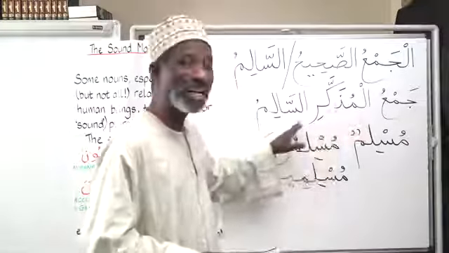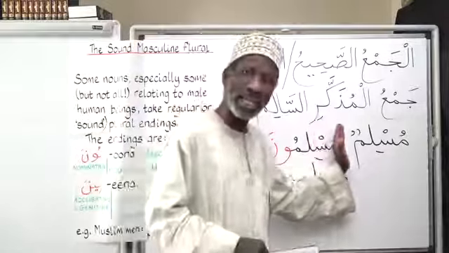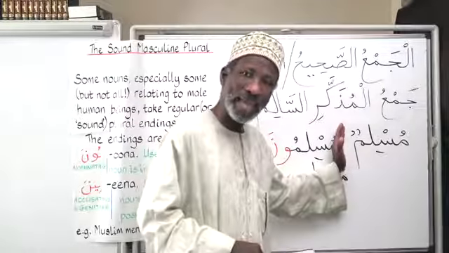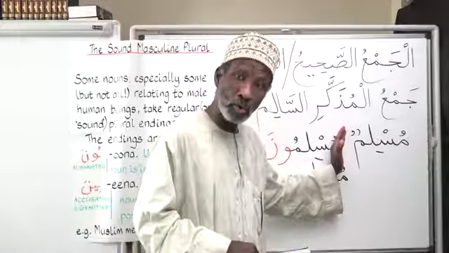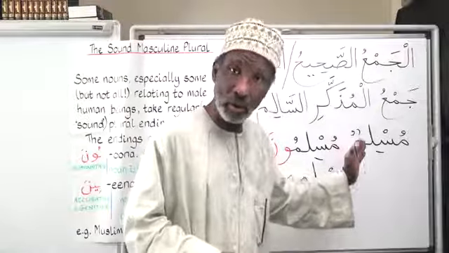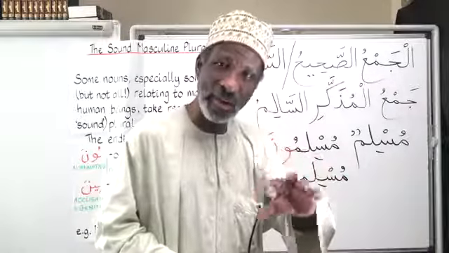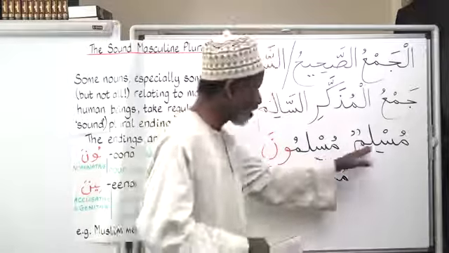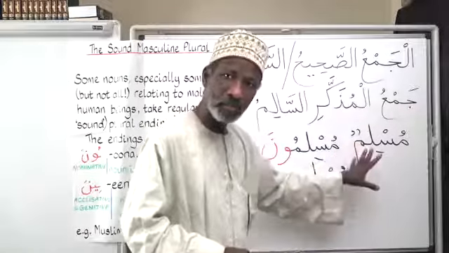جمع المذكر السالم. For instance, you take the word singular, muslimun, a Muslim. You convert that to the plural, which is the sound masculine plural, or regular plural if you like. The ending will be una in the nominative. So you leave all the letters order in the singular as they are.